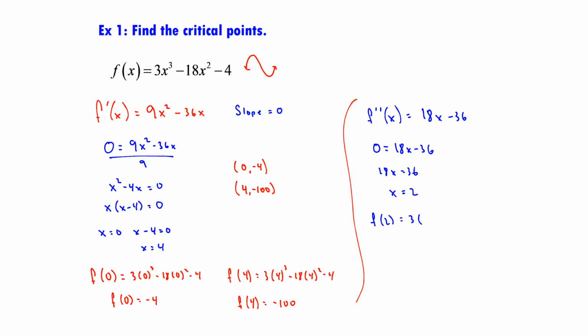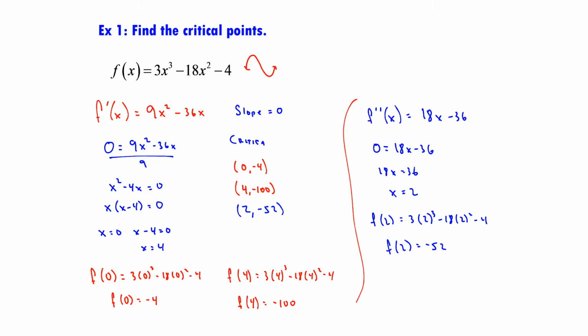So we will get 3 times 2 cubed minus 18 times 2 squared minus 4, and if you plug that in, you will get a value of negative 52. So the other point that we have will be at 2 comma negative 52.